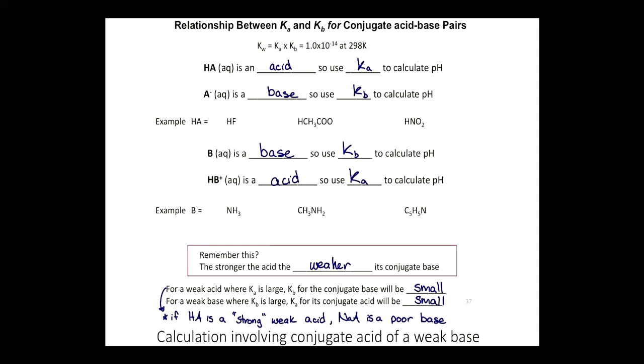And why this is important is because in the previous sections, we just put HA, a weak acid, into solution, or we put B, a weak base, into solution. But couldn't we also put, instead of HF, NaF into water? But here's the thing, if I put NaF into water, the calculation changes.